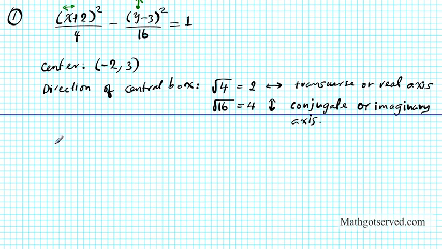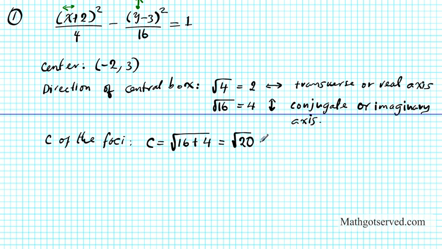Now, next thing we need is the C of the foci. So in this case, C is going to be the square root of 16 plus 4. Remember, we just do the opposite of whatever the sign is in the standard form of the conic between the two squares. So 16 plus 4 is 20, so we have the square root of 20.